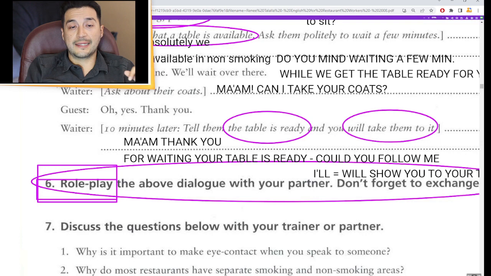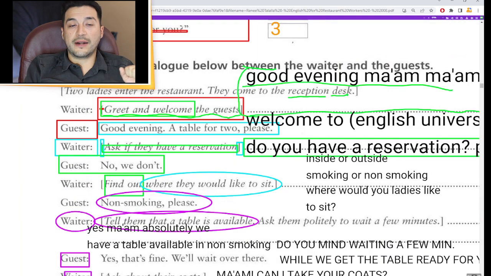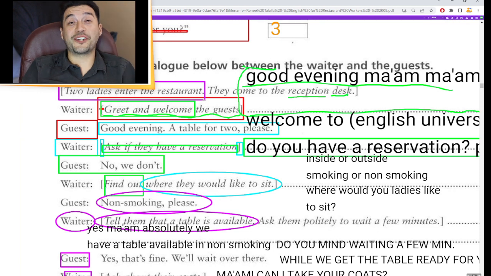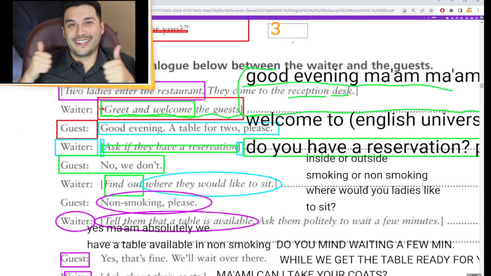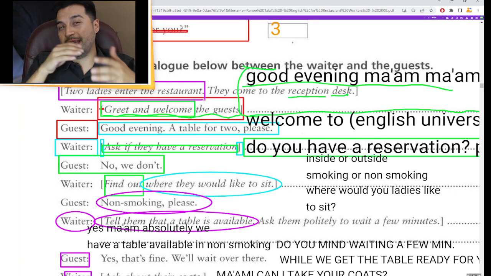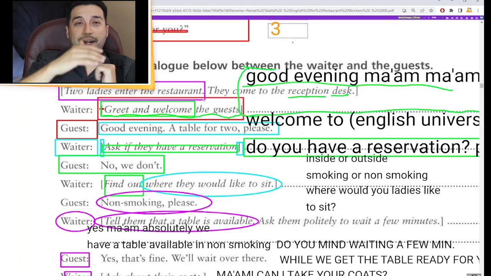Guest and waiter, guest and waiter, and we are helping two ladies that enter the restaurant and they don't have a reservation. Good? That's exercise 6. Do your role play in your notebook. Waiter, guest. Waiter, guest.